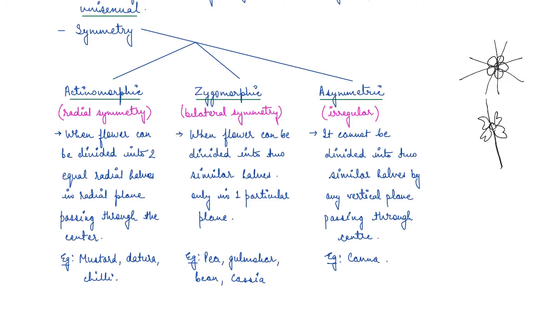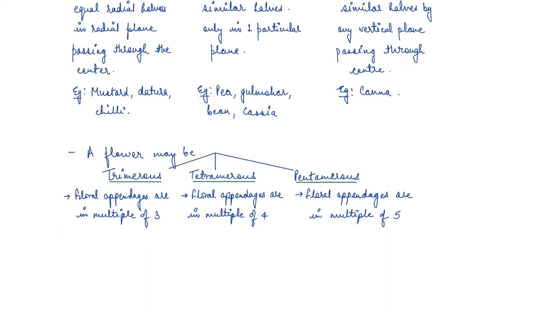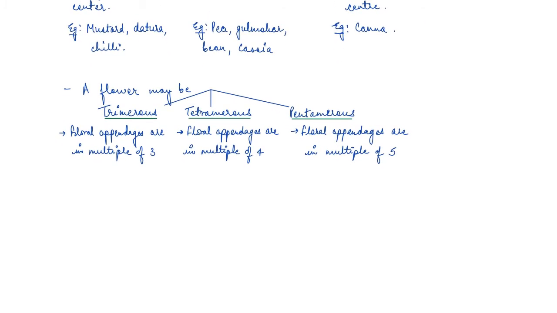Now, there are some flowers which cannot be divided into two similar halves by any vertical plane passing through the center, as in canna. So, in canna plant, you have irregular flowers, right? Now, a flower can also be trimerous, tetramerous, and pentamerous depending on the floral appendages. So there can be a multiple of 3, 4, or 5.